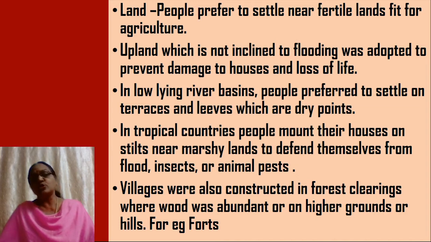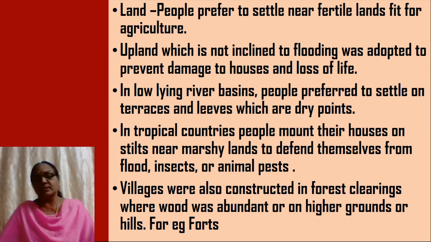Again, it is also to prevent damage caused to houses as well as loss of life. So, though people prefer to live along the banks of rivers, which offer fertile lands for agriculture, it is also prone to flooding. So, upland regions are preferred.